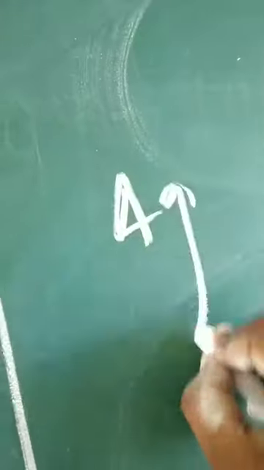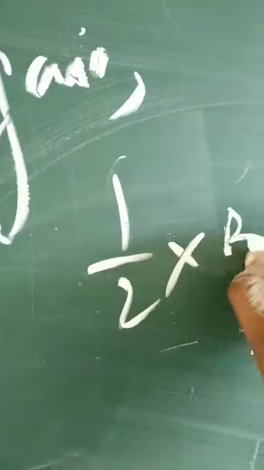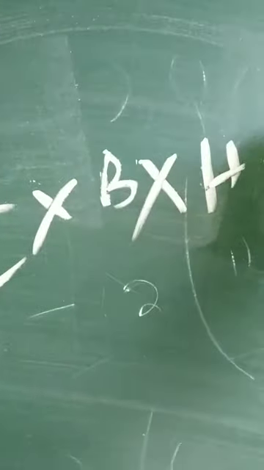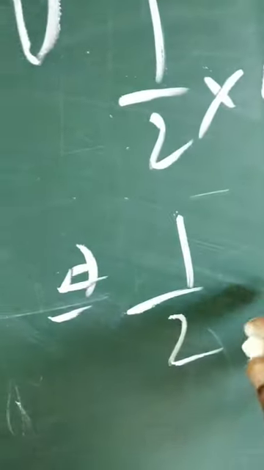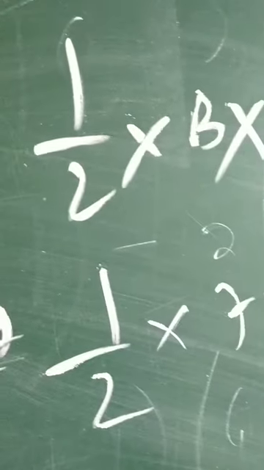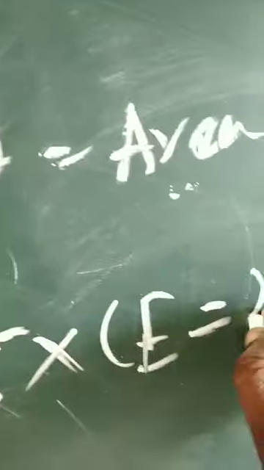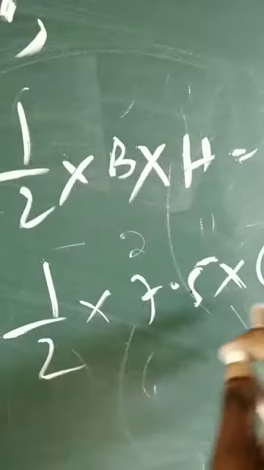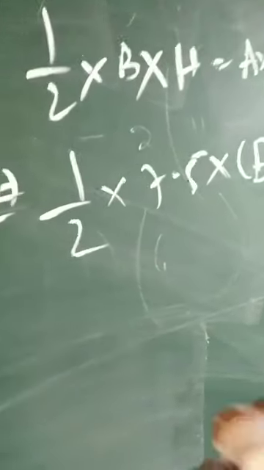Again, half into base into height equal to area. Half, base is 7.5, height is unknown, let it be CE, and area we got, that is 27. I'll just put 27 here so that I can find CE using a simple equation process.